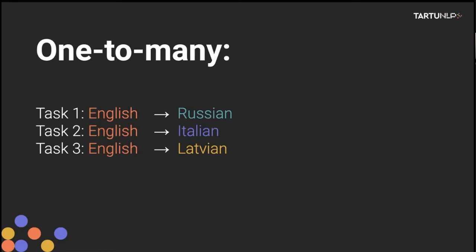So when we pass the sentence in, unlike many-to-one translation, where the model doesn't need any additional information, it just encodes the input into some vectors and produces English, here we actually need to give it some additional info about which language we expect it to produce. So whether it's, in this case, one of those three languages, Russian, Italian, or Latvian. And this information can be passed in two ways, and both require some change to some parts of the model.